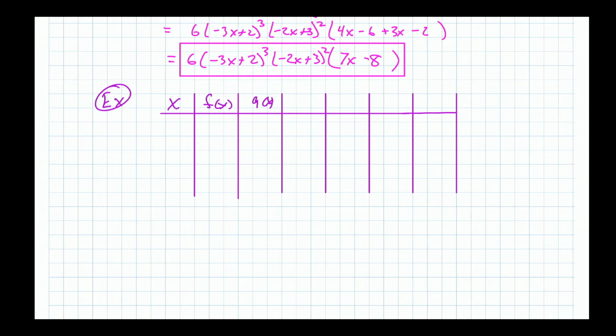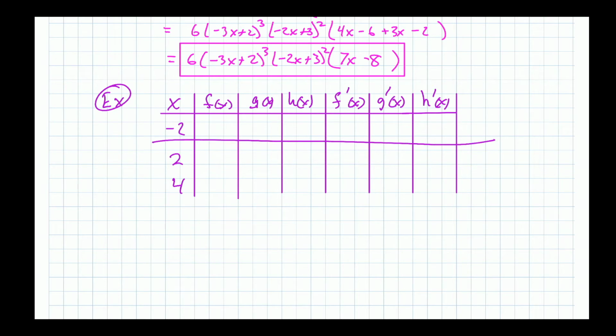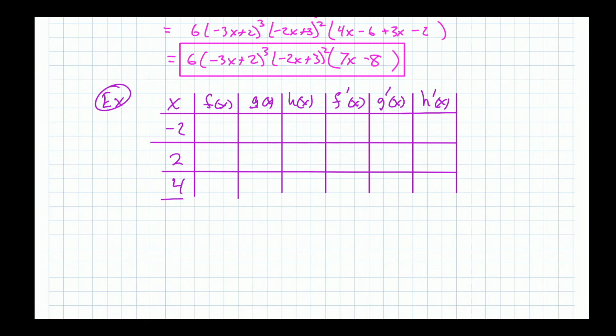Okay, so f, g, h, f prime, g prime, h prime, and my x values are negative 2, 2, 4. Put this like this. Might as well do this. Why not?